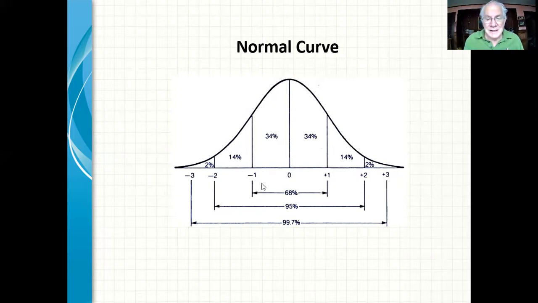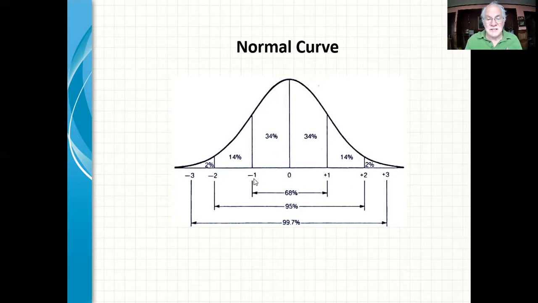That you know where these lines fall and what percent fall in each area tells you some things. For instance, if you have a z-score of 0, then what that tells you is 34 plus 14 plus 2, and that comes out to be what? 50%. 50% are less than 0, 50% are more than 0.